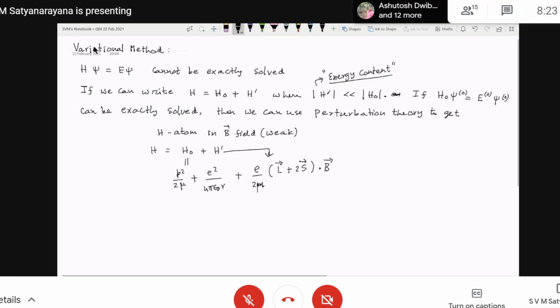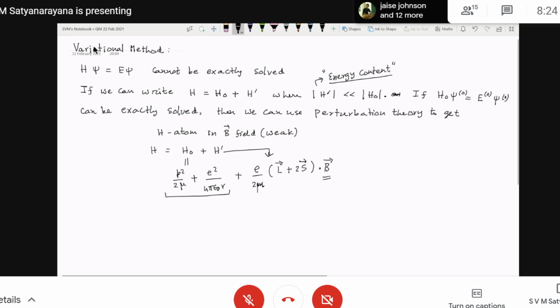Only if this energy is smaller can you say that the energy levels corresponding to this particular Hamiltonian will be modified. Suppose you apply a very high field, then maybe the electron and proton are torn apart and they are no longer a hydrogen atom, and maybe the electron and proton independently will make some kind of cyclotron motion.